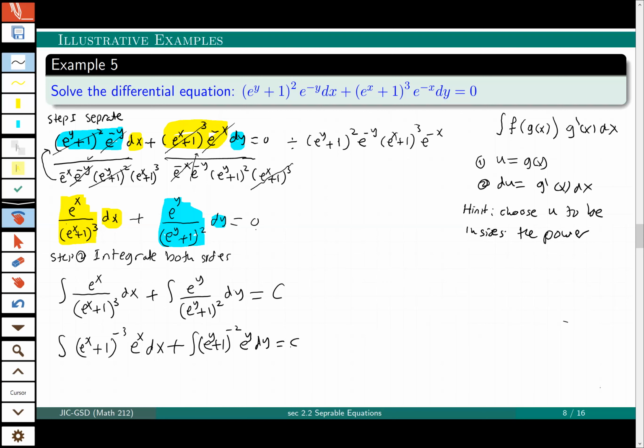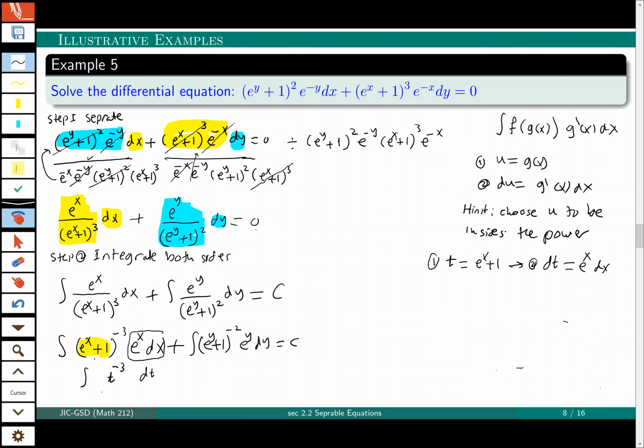Look here, our choice, we have to choose two variables. The first one I will call t, which is inside this power. All the quantity inside the power I will call t, so it will be e to the power x plus 1. Now, second, we need to find dt, which is equal to e to the power x dx. Now, this means these two will be replaced by dt.